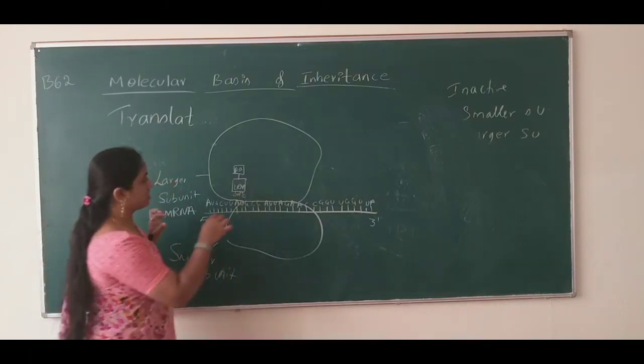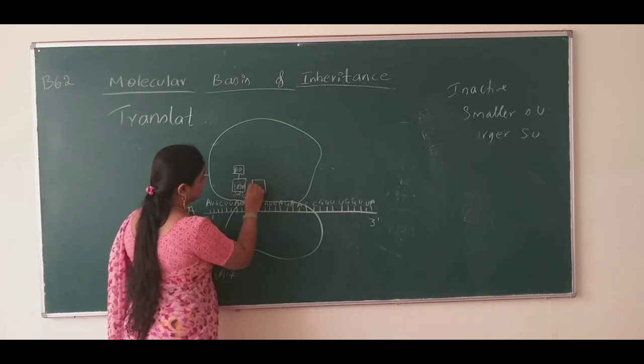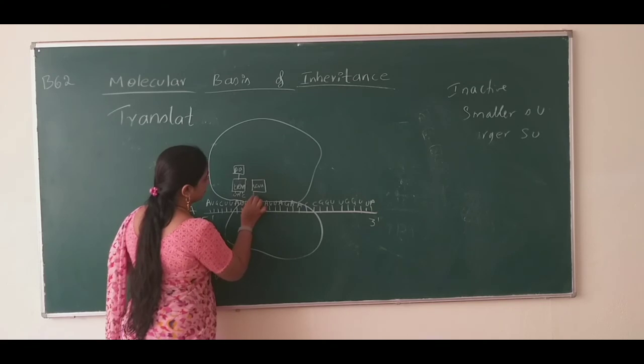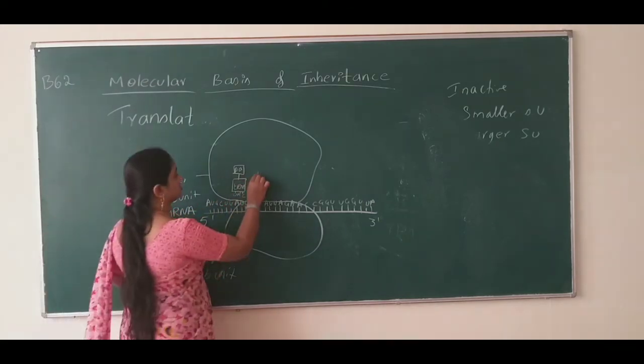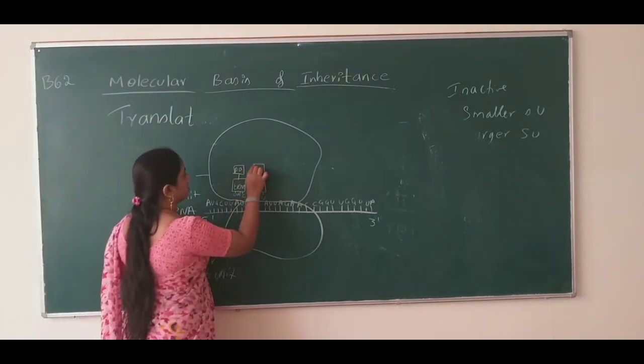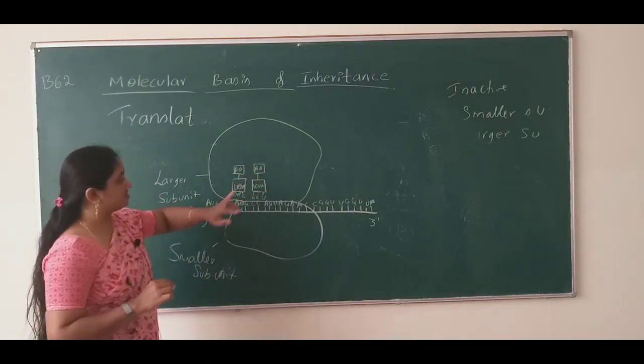One more tRNA will be there, with A coding with U, and this is also having the second amino acid.